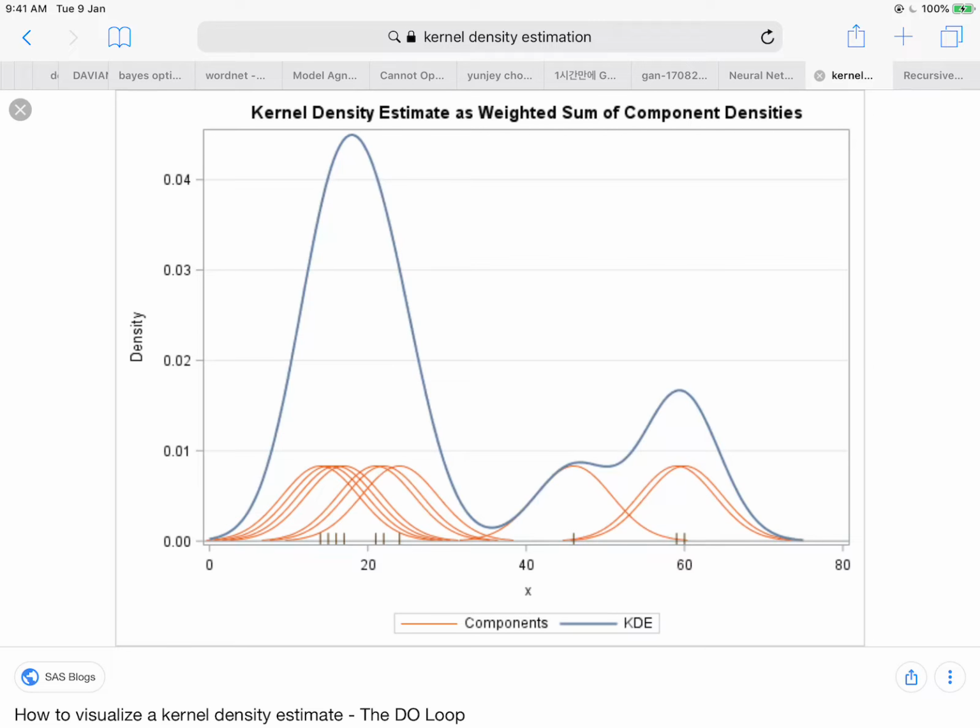But if we have 100 points or 100 data items, and then the model will be represented as the sum of 100 different Gaussian components. So our model itself will actually change depending on the number of data.